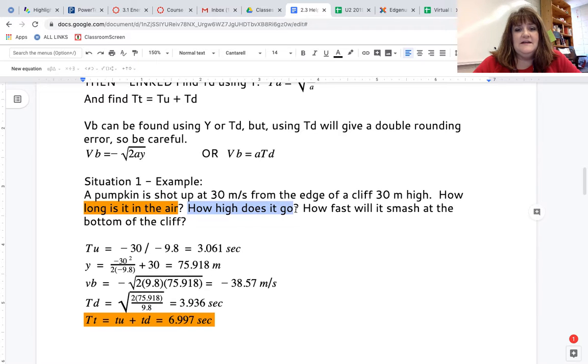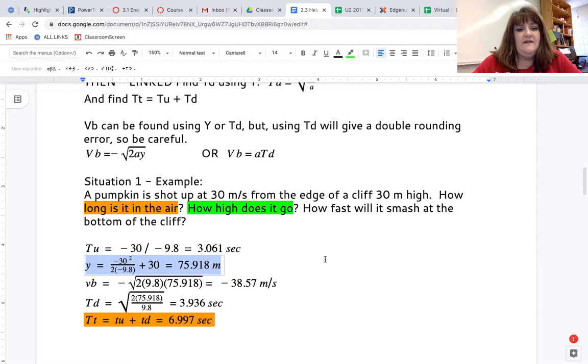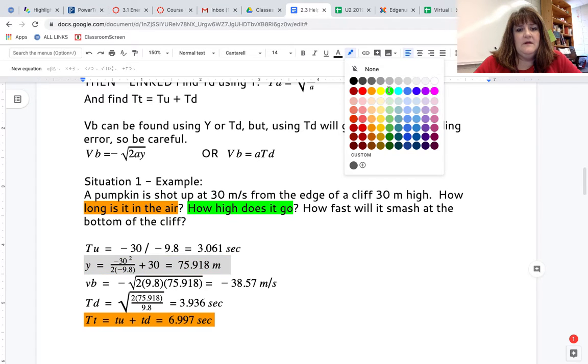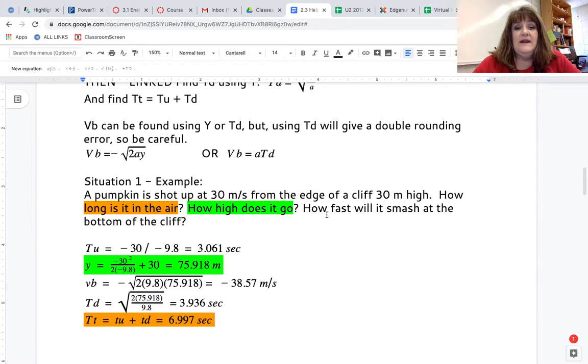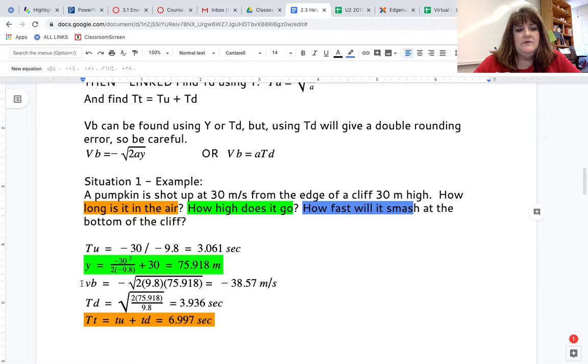How high does it go is the ultimate height here of 75.918 meters. And how fast will it smash into the bottom of the cliff? If we're given blue, should be this velocity at the bottom, blue.